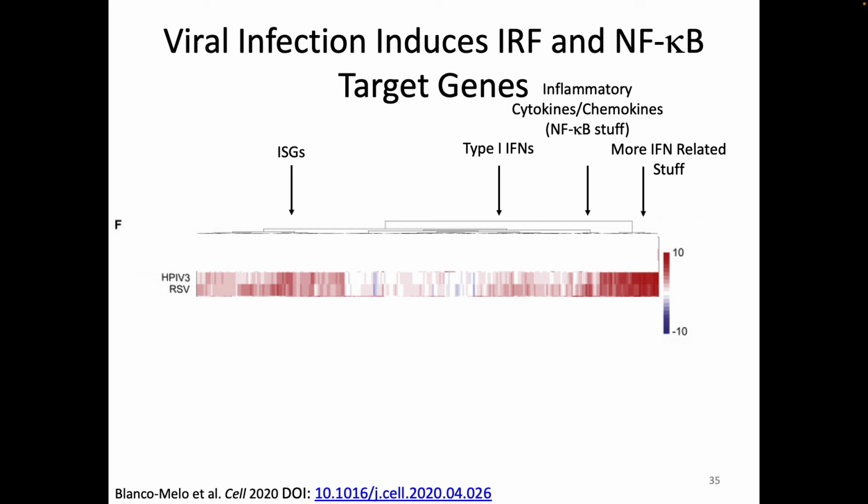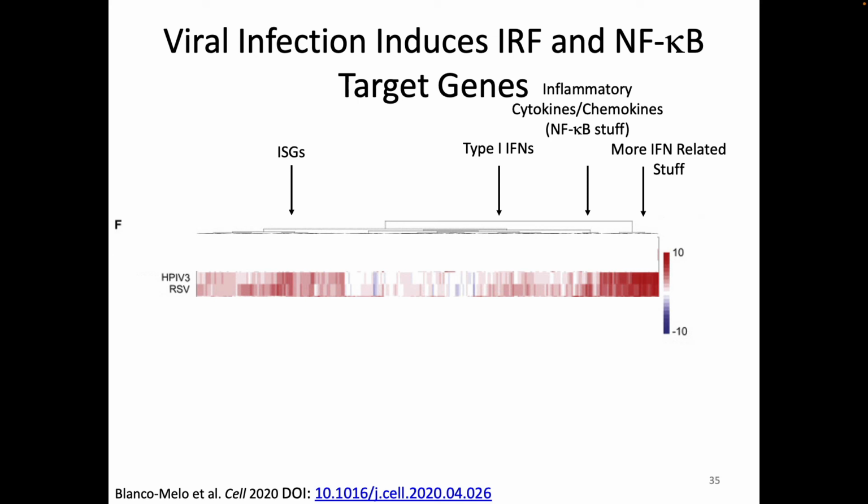So in this figure, which is sort of the key figure we're going to be looking at, what these scientists have done is they've taken some cells and they've infected them with viruses. In this case, they've used 2 different viruses, either HPIV3 or RSV. Those are 2 different common respiratory viruses, parainfluenza and respiratory syncytial virus.